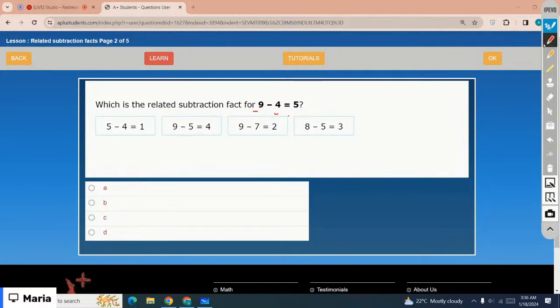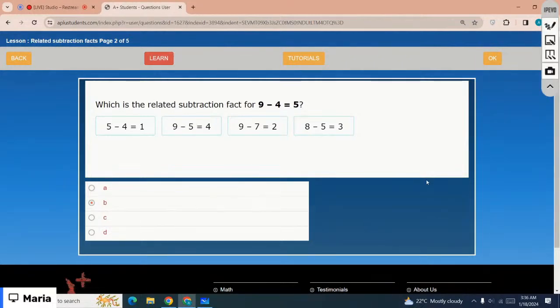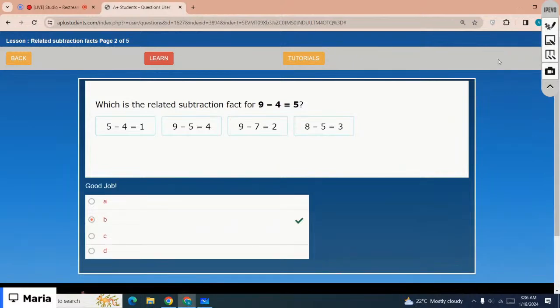The correct option is option number B, right? 9, 5 and 4, that is the sentence that has exactly the same digits 9, 5 and 4. Got it?